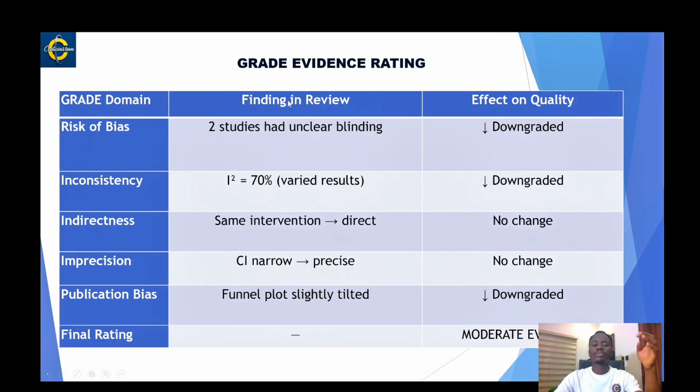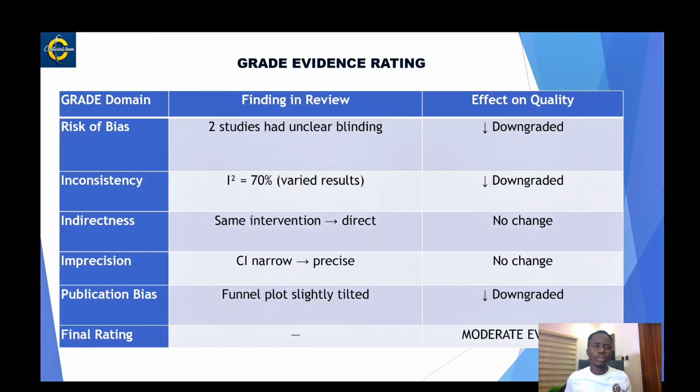Now, some of the things we need to find in these reviews is whether to downgrade or upgrade. That's it, that's for grading the evidence. Now, if you want to talk about risk of bias, say 2 studies had unclear findings, for example. Maybe you can say downgrade, because blinding is a very, very crucial part. And then in terms of inconsistency, you can say the I squared is 70%, that's varied results, so the conclusion from this study is it's going to vary.